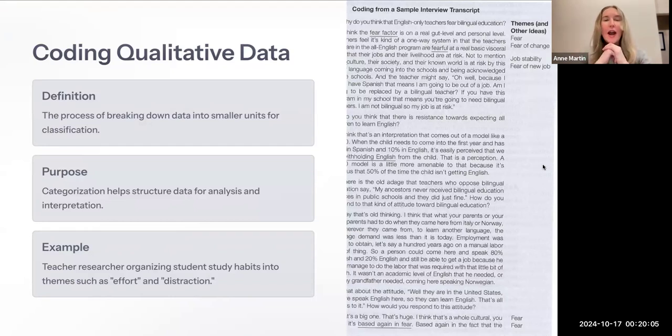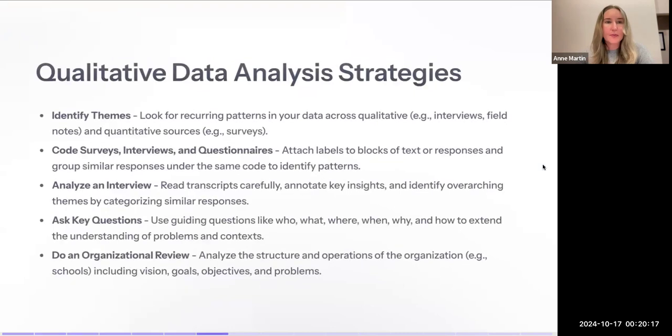Now, after you have coded a piece of data, you can group together the codes to find categories and then larger themes that can serve as your findings. So Mills goes through several other different strategies you can use to analyze qualitative data.